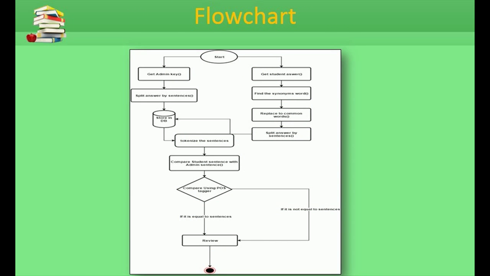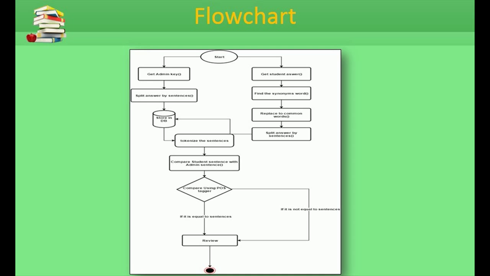The flowchart clearly explains how the system is working. In the initial state, we get the student answer and admin key. Both the student and admin keys will be in a paragraph. If we want to compare, we need to split the paragraph sentence by sentence. Then the sentences are split word by word to find the synonym words. After that, replace those identified keywords with common words.